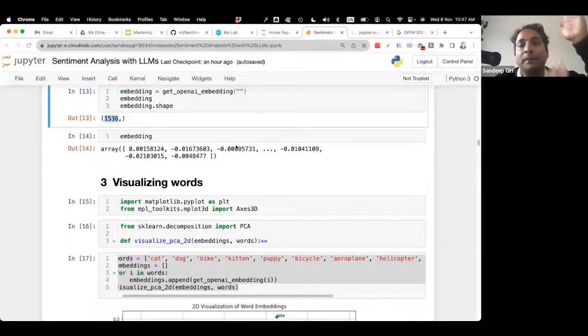There are a bunch of numbers getting translated. What they have done in embedding is that they have taken the numbers in the last layer of the neural network, and that is what they call the embeddings.